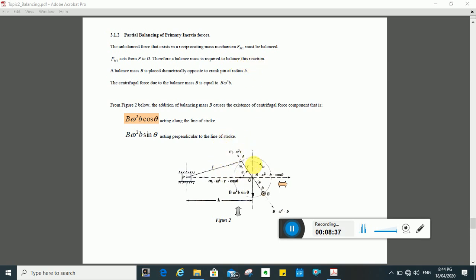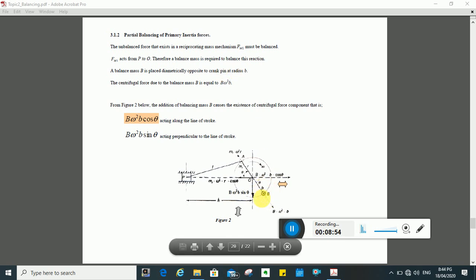So this is the existing mass. So we must place another balanced mass B that's positioned at the opposite side to the crank pin at radius b.